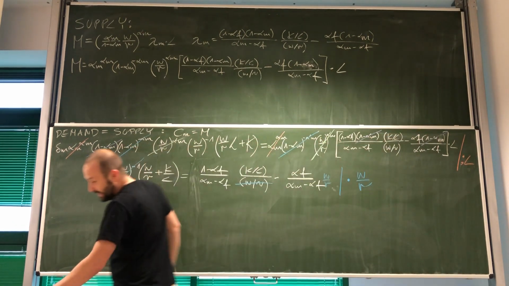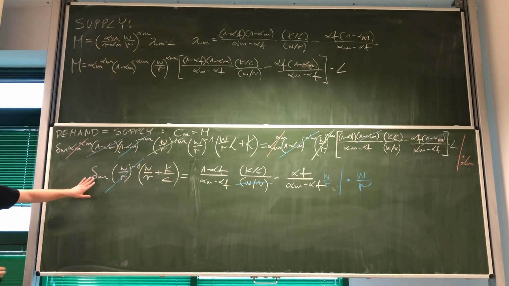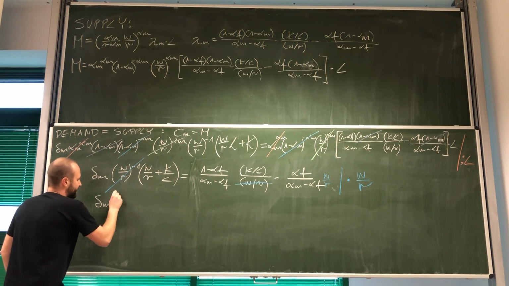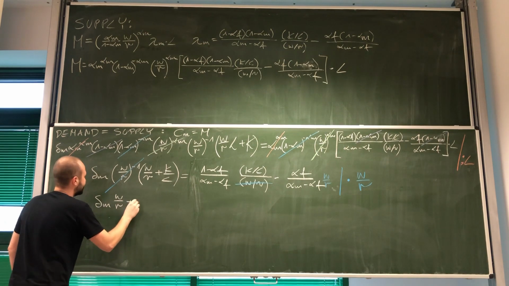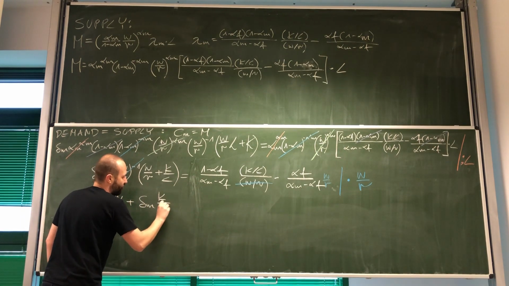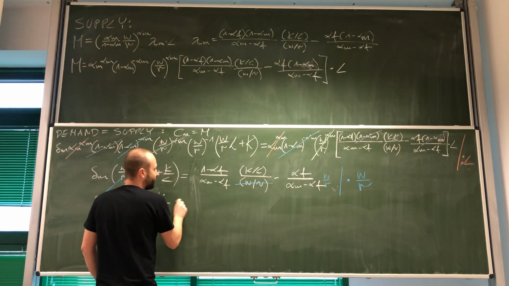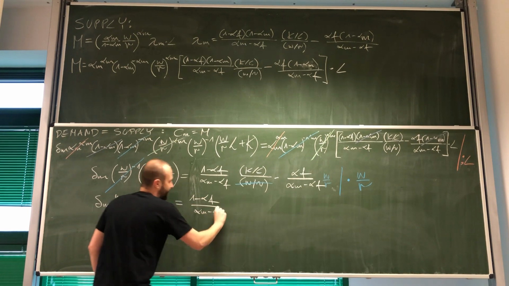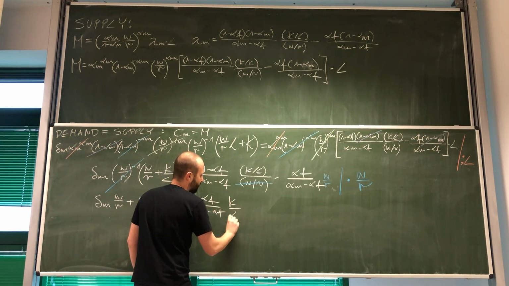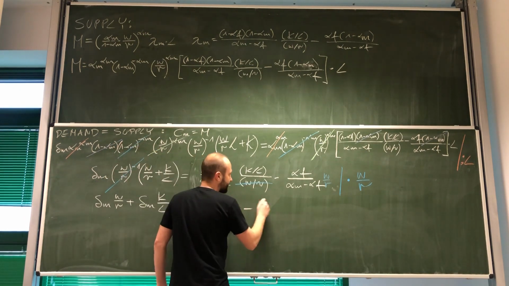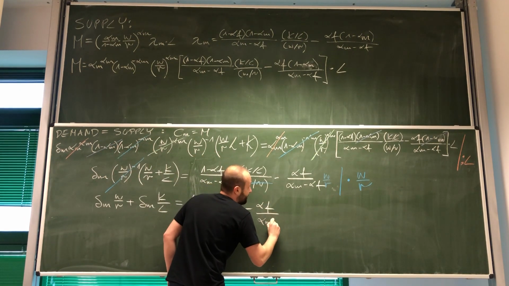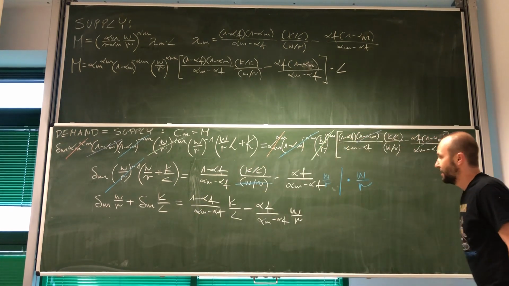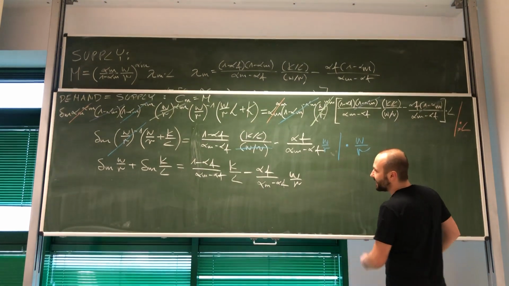Okay, so noticing this, we can already multiply everything out over here. So I get that this is delta m times W over R plus delta m times K over L. And here we've got 1 minus alpha f divided by alpha m minus alpha f times K over L, because this is gone, and minus alpha f over alpha m minus alpha f times W over R. Okay, so what should we do next?